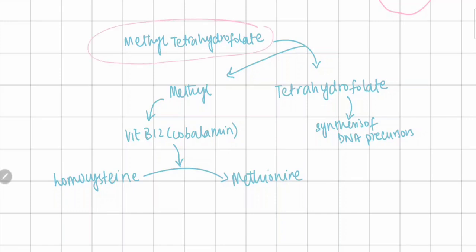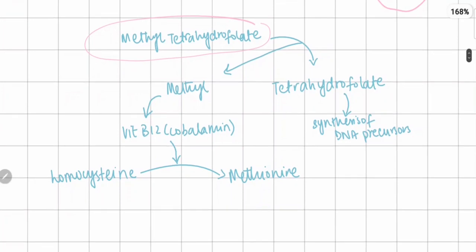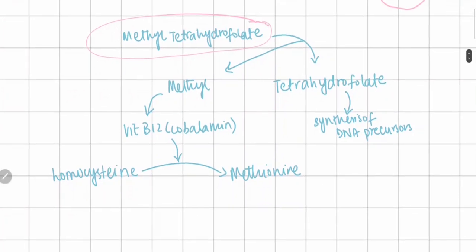Methyl tetrahydrofolate assists the enzymes in the synthesis pathway. It is going to get converted into tetrahydrofolate, and this tetrahydrofolate is going to cause the synthesis of DNA precursors like TTP and so on.